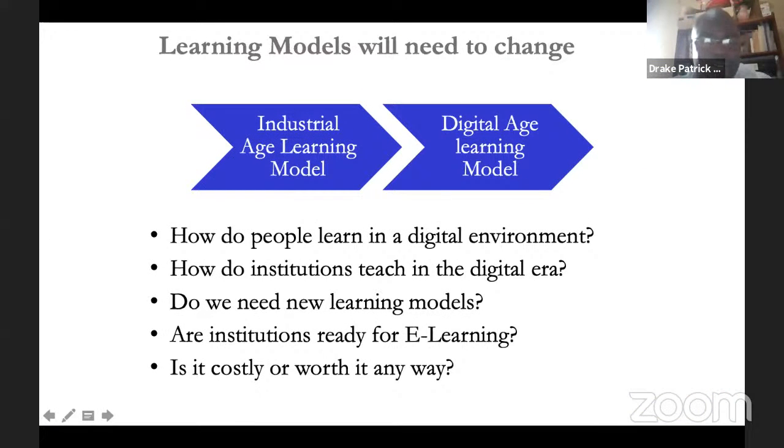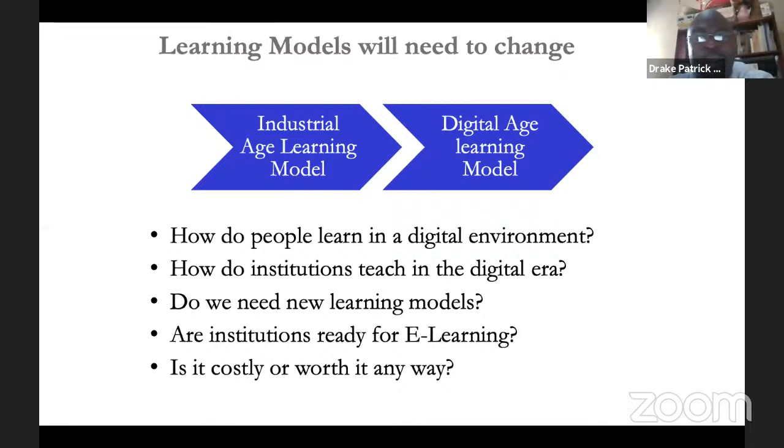Good. So, learning models: with the changing times, we have to appreciate that there has been an evolution of the Industrial Revolution, right from the steam engine to the electronic age, now to the information age. And the digital age really has revolutionized the way we live and work.